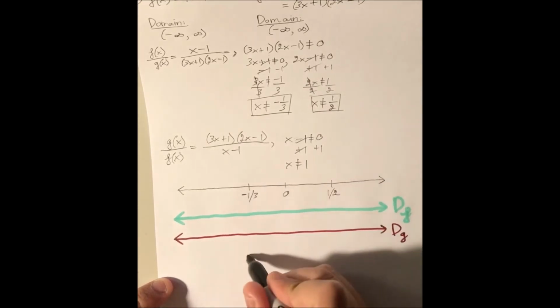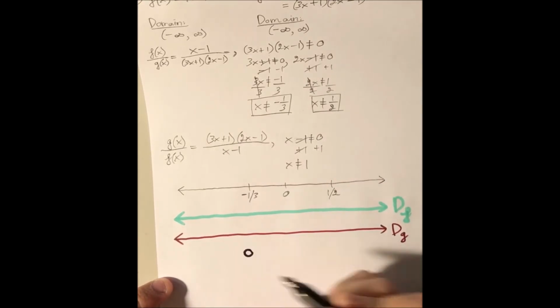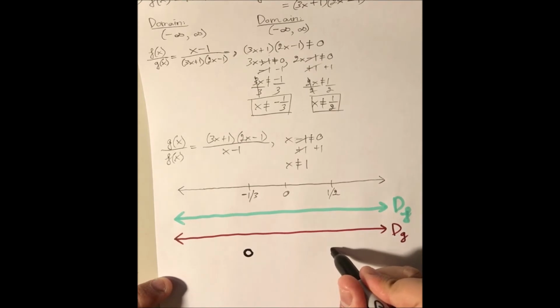So at negative 1/3, we put an open circle, and at 1/2, we also put an open circle.